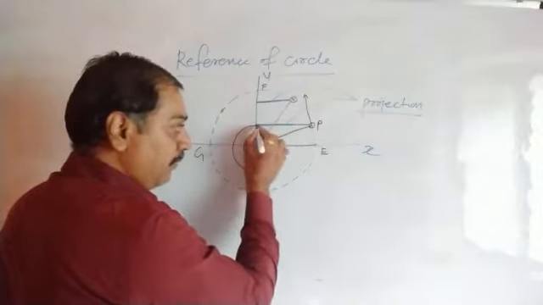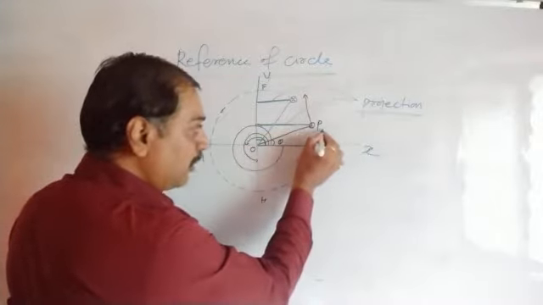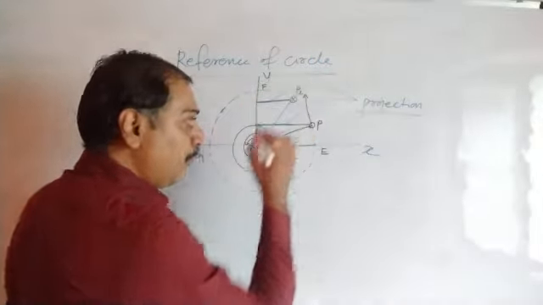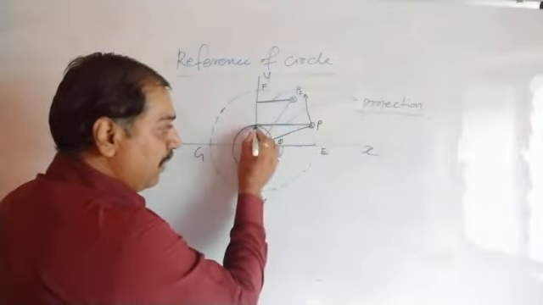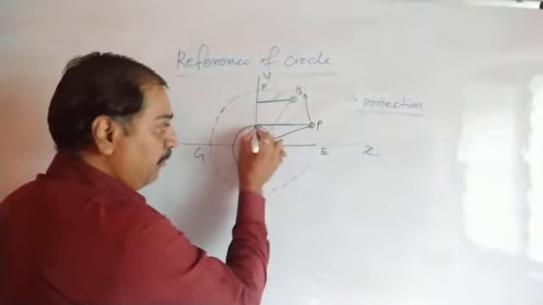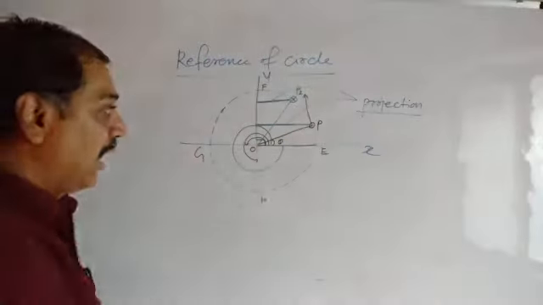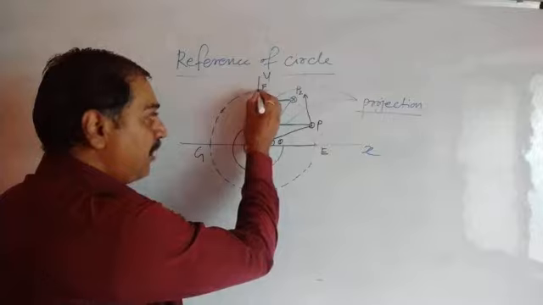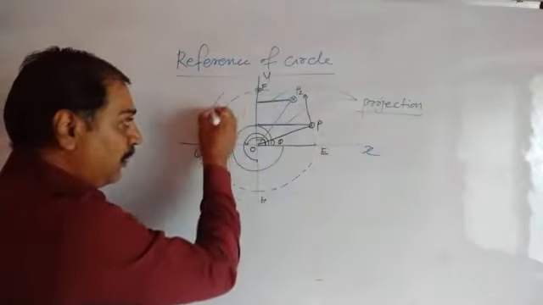Are you getting it? When the particle moves from this position P1 to a new position P2, initially it is at P1 here. When it goes here, this moves along with it. Again when it comes here, it remains at the same point. Again from this, it goes in this direction.